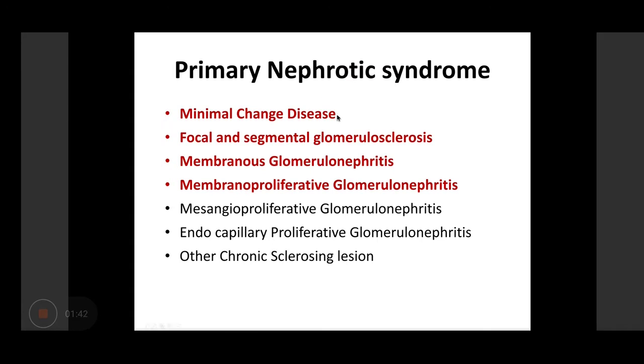So there are various causes of primary nephrotic syndrome. Out of these, the most common are the first four, that is minimal change disease, focal and segmental glomerulosclerosis, membranous glomerulonephritis, and membranoproliferative glomerulonephritis. All these four conditions we will be discussing in today's lecture.